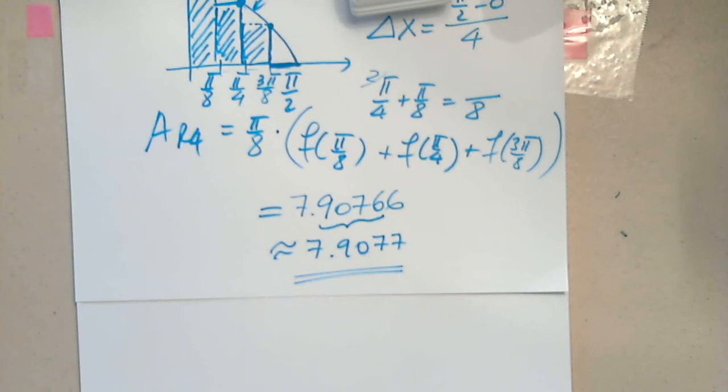Okay, let's look at something else in 5.1. The rest is pretty much the same. They want areas. They want you to use midpoint, leftmost point, rightmost point. Let's see what else is here.